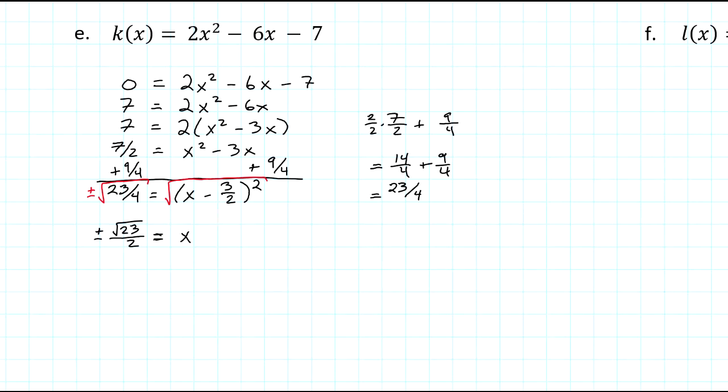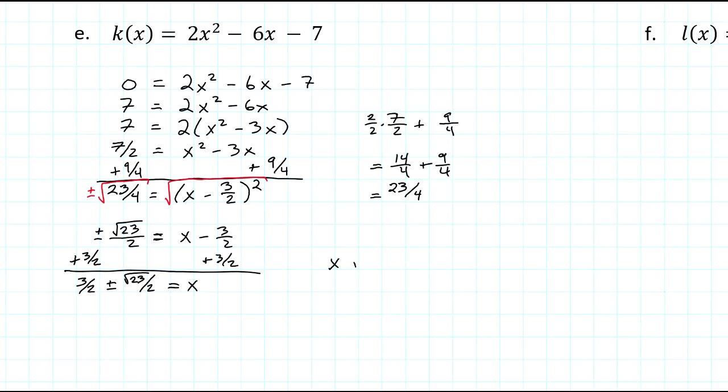And this equals x minus 3 halves. We'll then add the 3 halves to both sides to get 3 halves plus or minus the square root of 23 over 2 equals x.